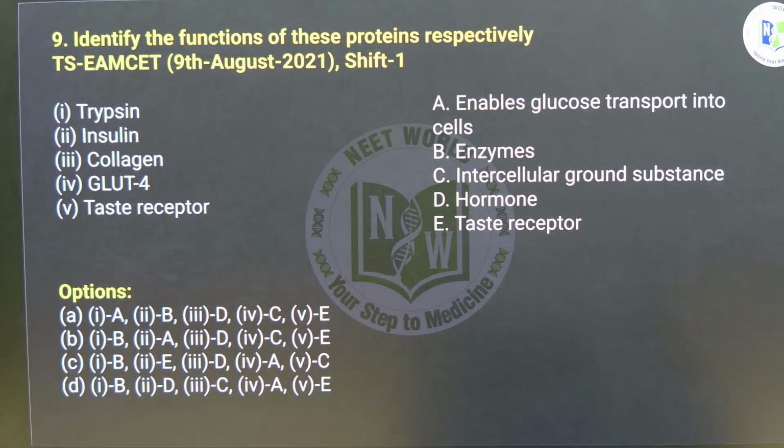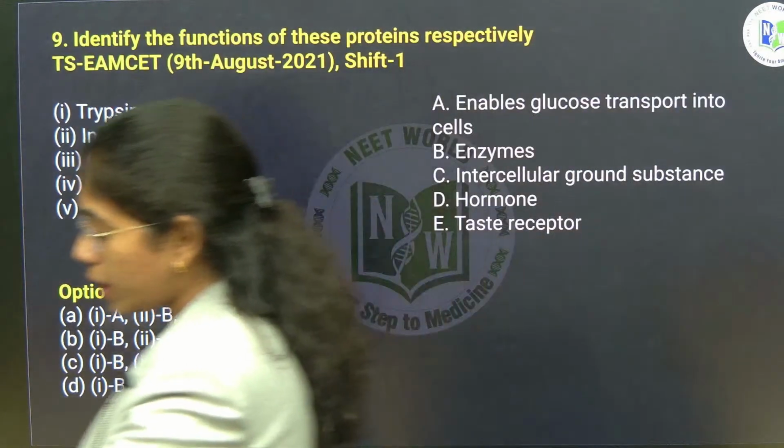Again, a match the following type of question. Identify and answer carefully. I will give you 1 minute of time for each question.